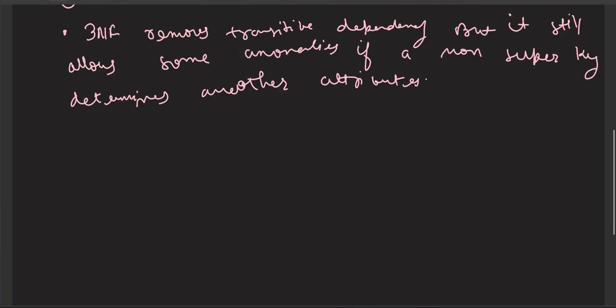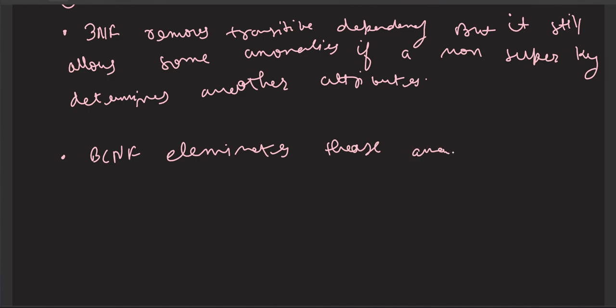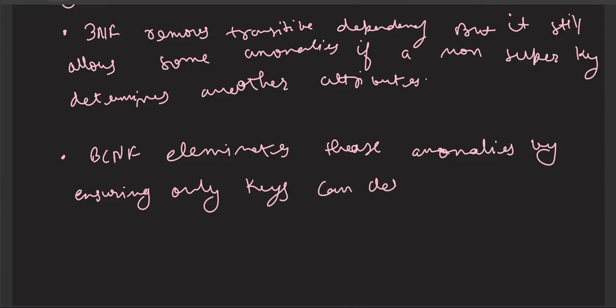So the BCNF eliminates these anomalies by ensuring only keys can determine other attributes.